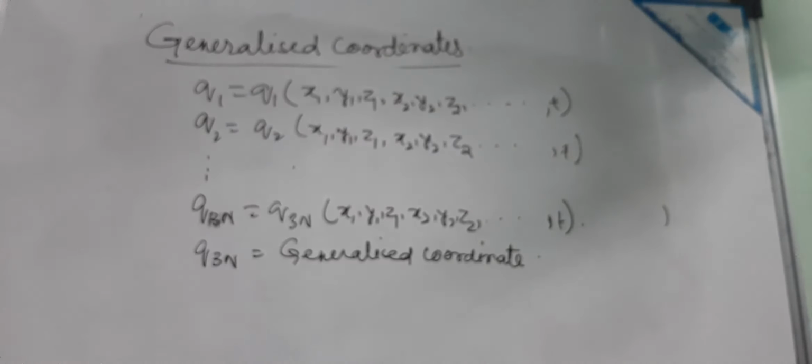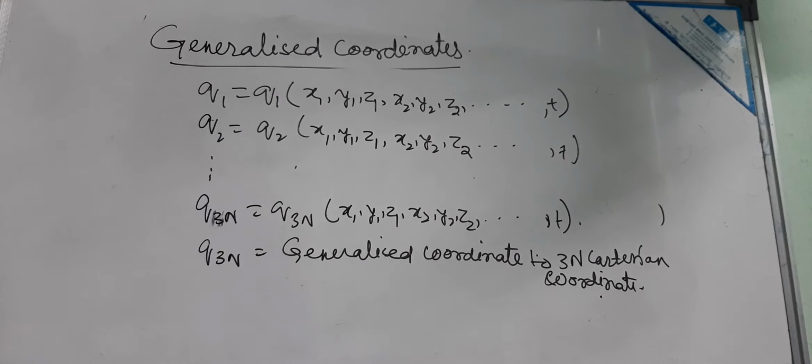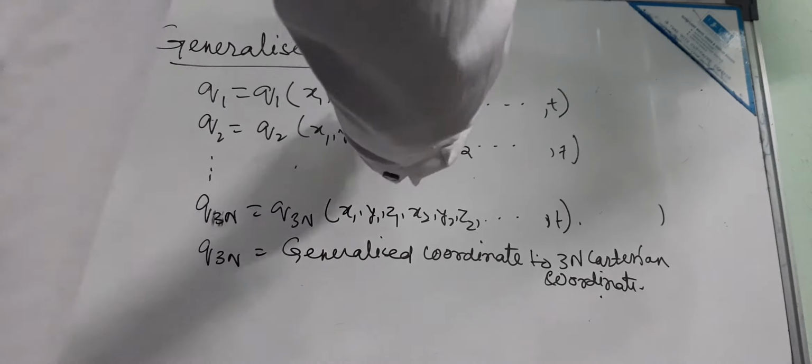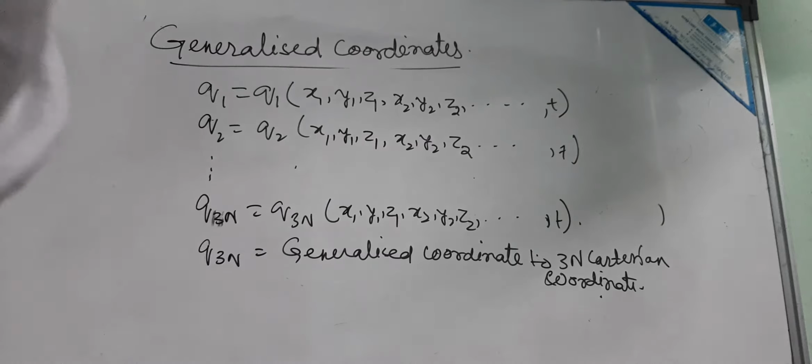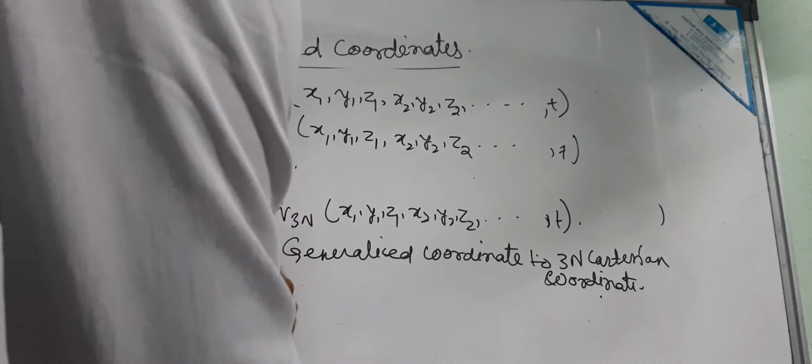This is the generalized coordinate in terms of the 3n Cartesian coordinates.